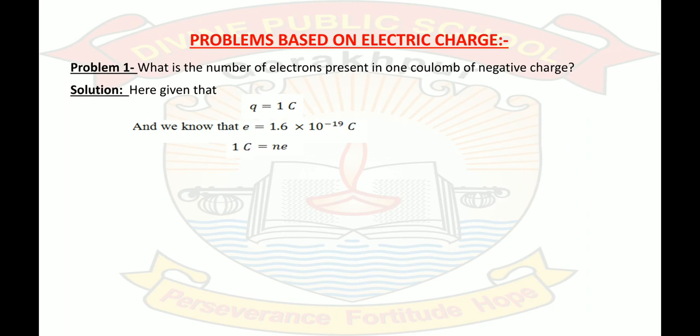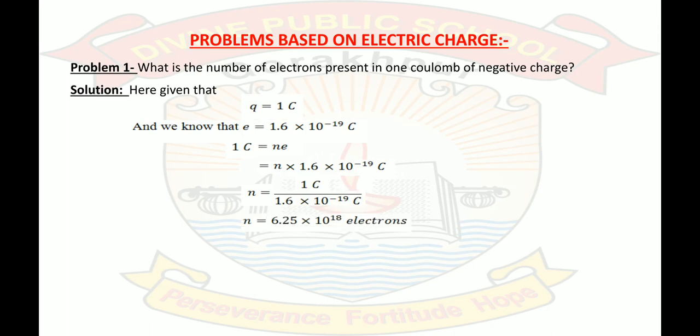In place of Q it is 1 coulomb, n remains as it is, and in place of e it becomes 1.6 into 10 to the power minus 19 coulomb. Now n will be equal to 1 upon 1.6 into 10 to the power minus 19. When we solve it, we get 6.25 into 10 to the power 18 electrons, which is our answer.